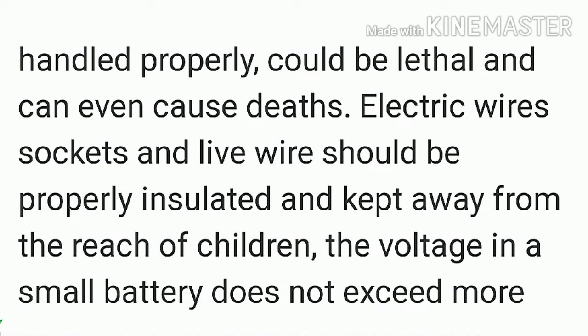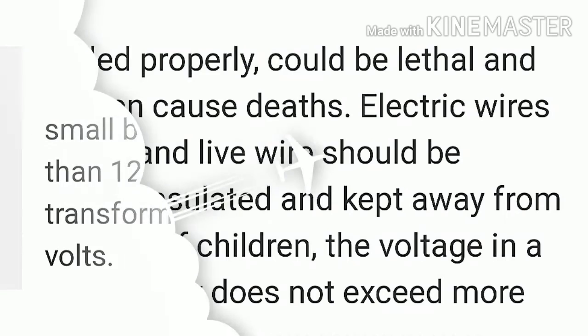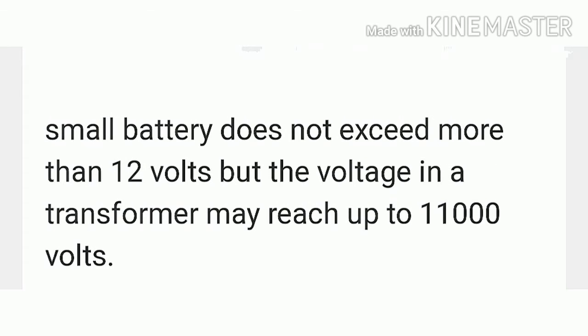Electric wire sockets and live wires should be properly insulated and kept away from the reach of children. The voltage in a small battery does not exceed 12 volts, but the voltage in a transformer may reach up to 11,000 volts.